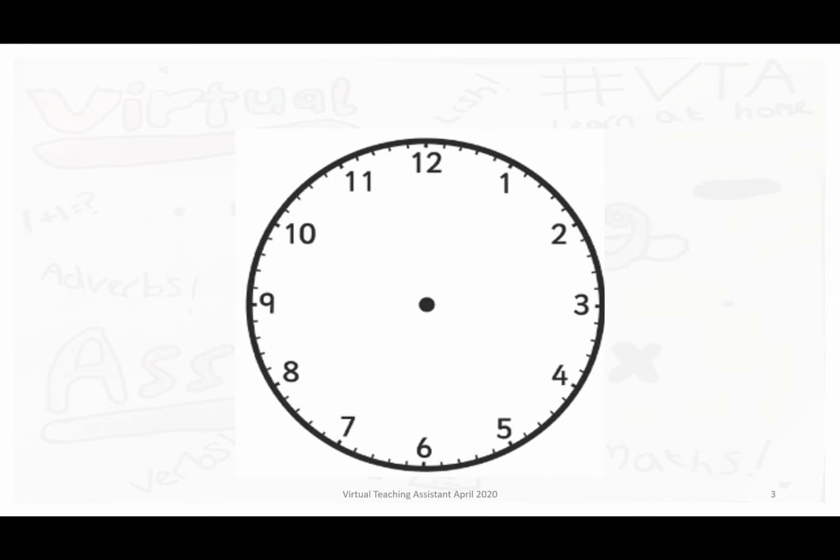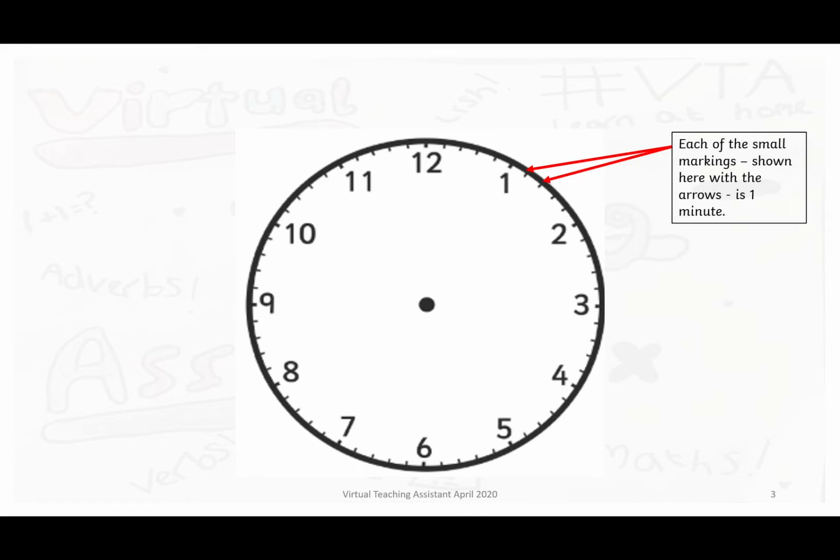All right, this is my clock. Each of the small markings, as I told you previously, is 1 minute. Each of the numbers on the clock shows 5 minutes. So between the 3 and the 4, that's 5 whole minutes. Let's just count to make sure I know what I'm on about. 1, 2, 3, 4, 5. Yes.